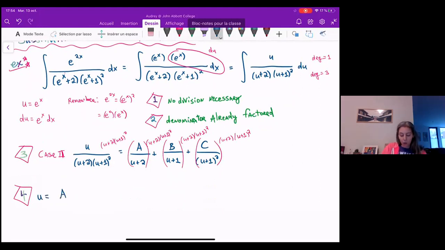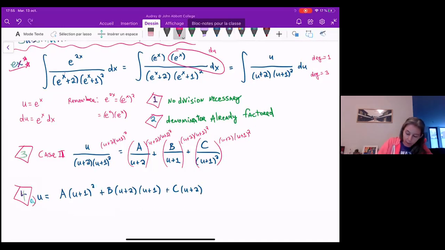And my A, the u plus 2's cancel out, and I just have u plus 1 squared left over. My B, one of the u plus 1's cancels out, so I have u plus 2 times u plus 1. And then for my C, both of the u plus 1's cancel out, and I just have a u plus 2 left over. Okay, so that's my step A.